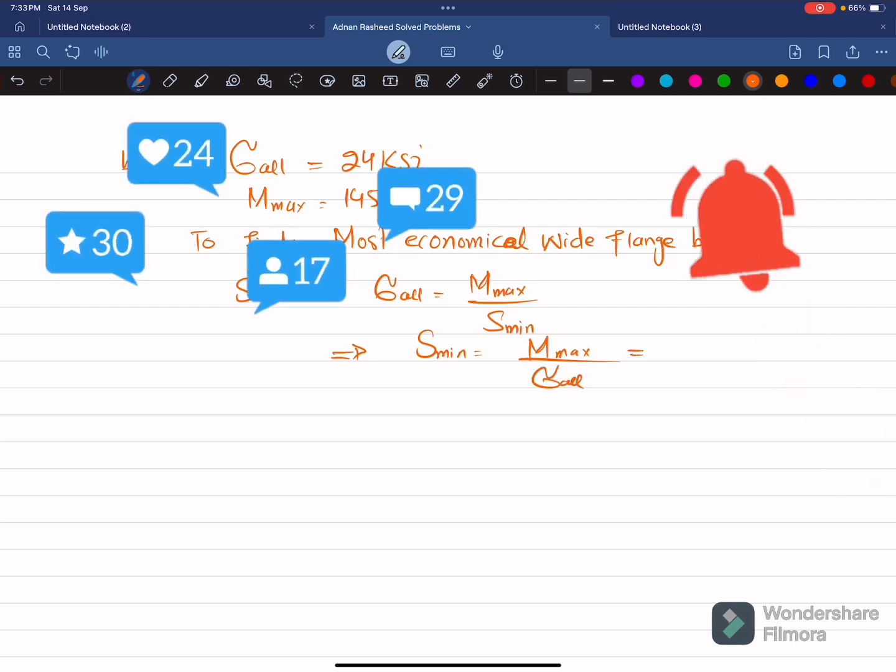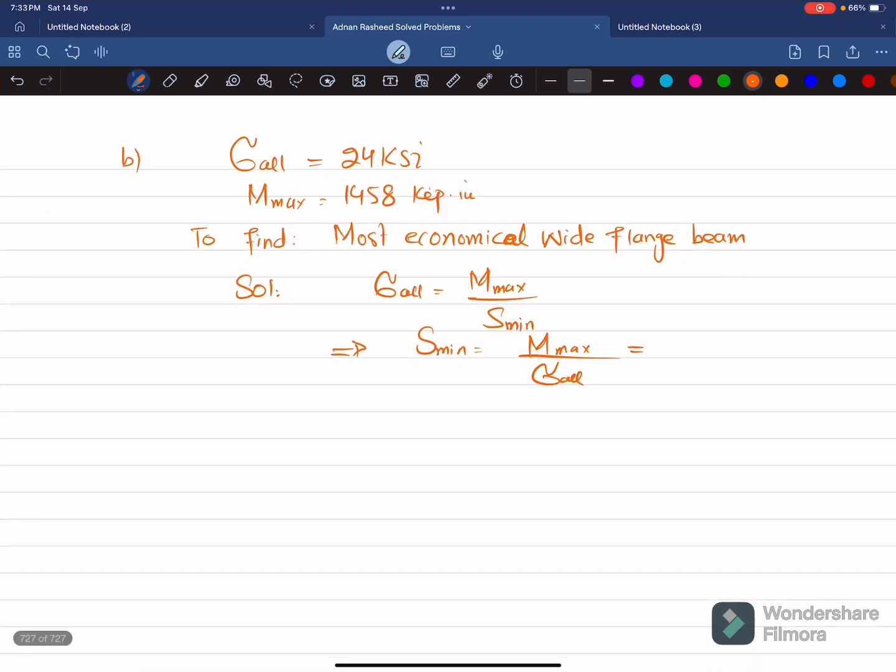So put the value of this maximum bending moment and allowable stress. So 1458 divided by 24 ksi. So 24, when you divide it, you will get 60.75 cubic inch. So this is minimum section modulus.